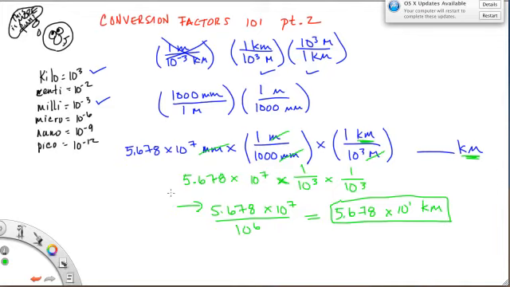So in this case, I have a conversion factor problem that involves 2 conversion factors. Now, some of you may be able to do it in just one step and say, well, I know there's 10 to the third meters in a kilometer, and 10 to the third millimeters in a meter, and 10 to the third times 10 to the third is 10 to the 6th, so I'll just multiply this number by 10 to the 6th and I get my answer, which is essentially what we did.